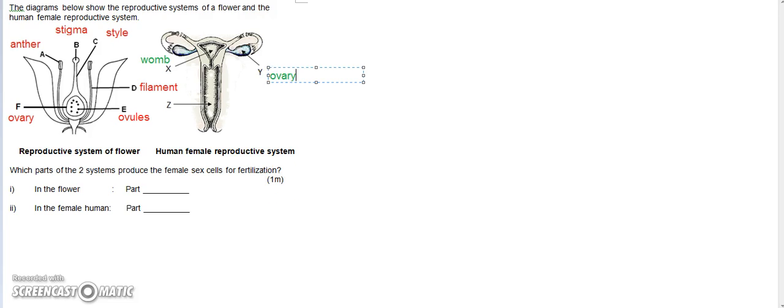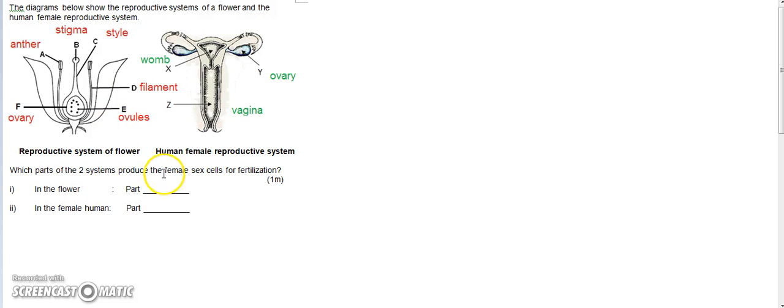This is where all the human eggs are stored and released, about once a month. And Z is the vagina. The vagina is where sperm is released by the penis. So you must know all this already in order to answer this question.